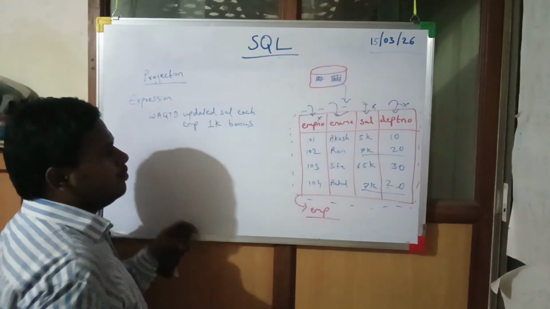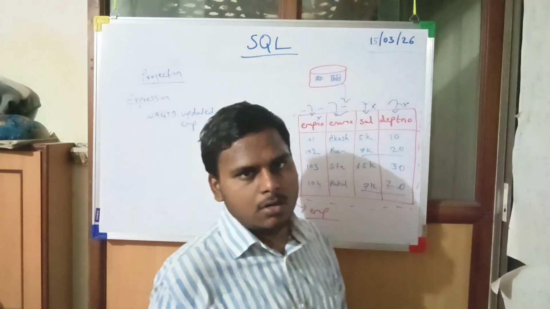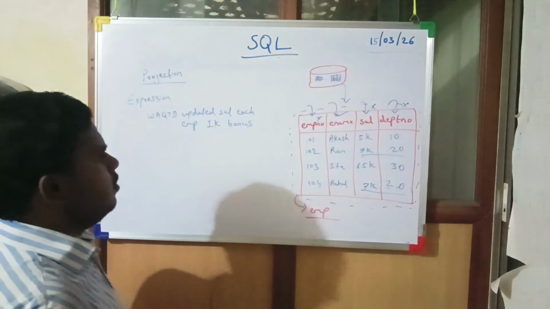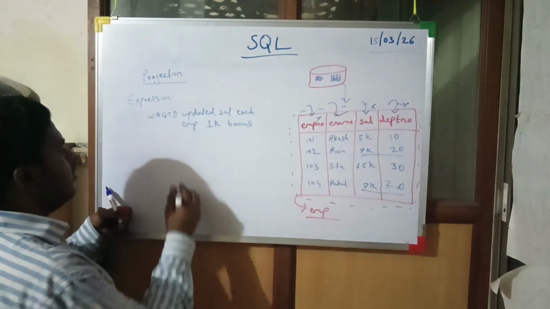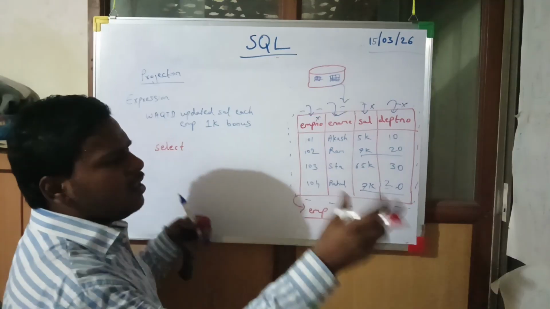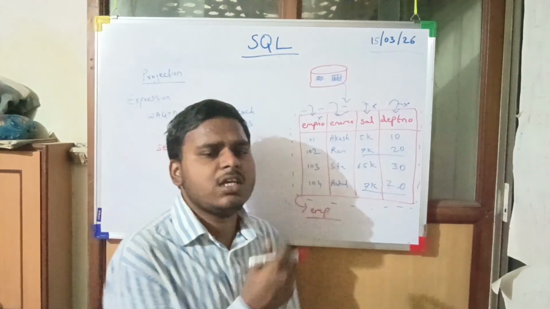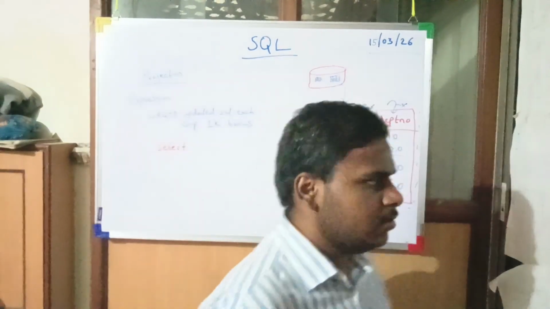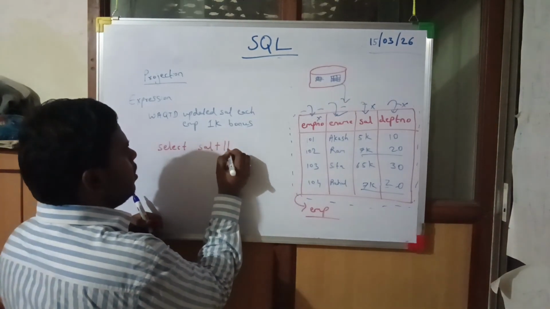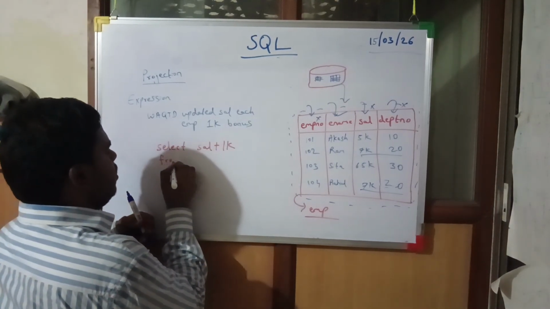Each employee, $1,000 bonus I want to give. So what I will do here, simple query: select, 1k bonus means I want to increase the salary of each employee by 1,000. So I will write the salary column, sal plus 1k from EMP.